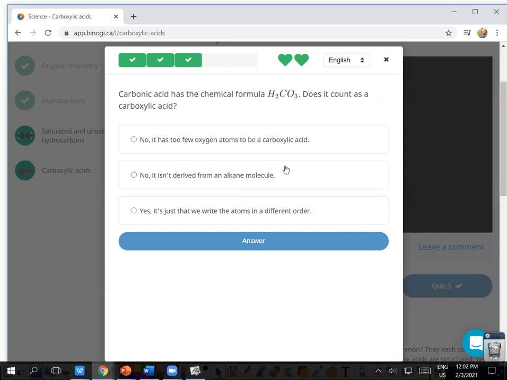Does it count as a carboxylic acid? No. Why? It has too few oxygen atoms to be a carboxylic acid. No, it isn't derived from the alkyl molecule.